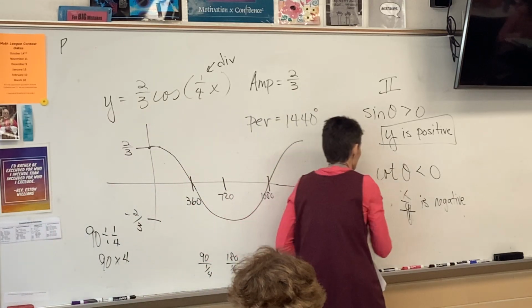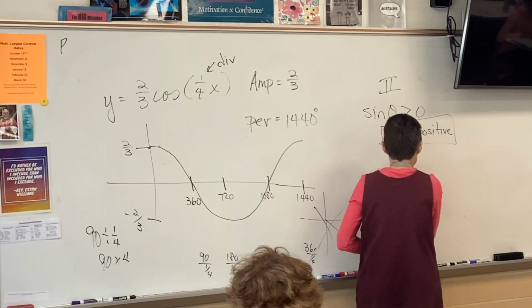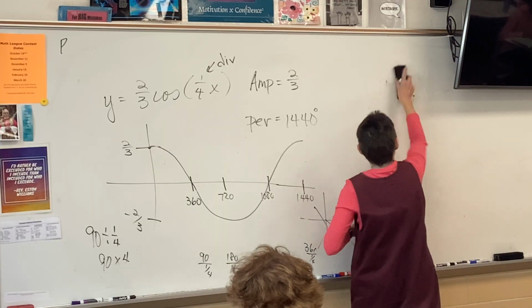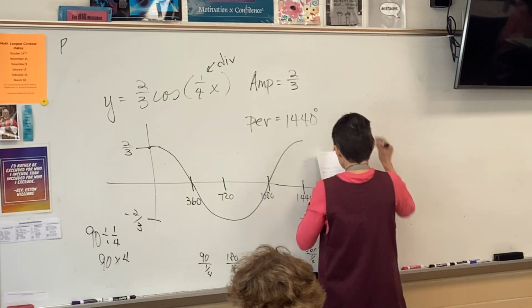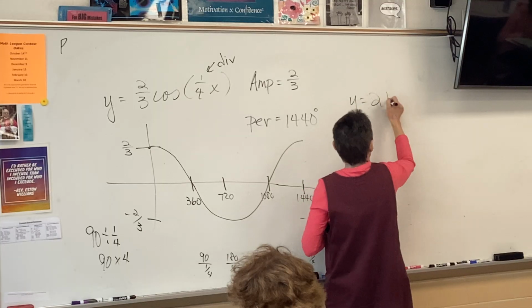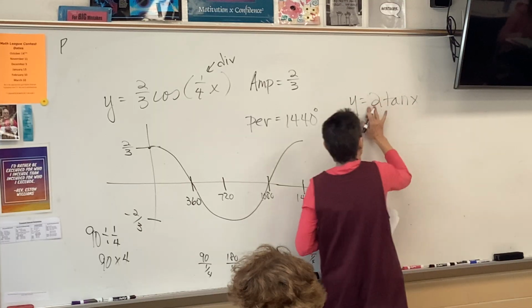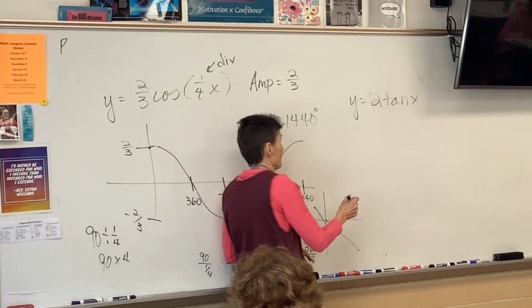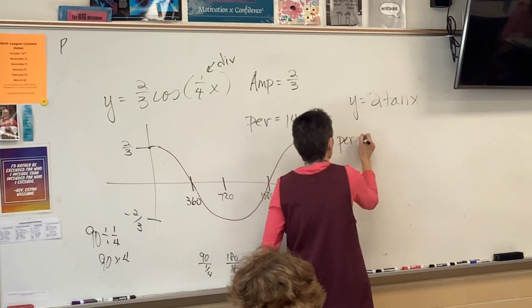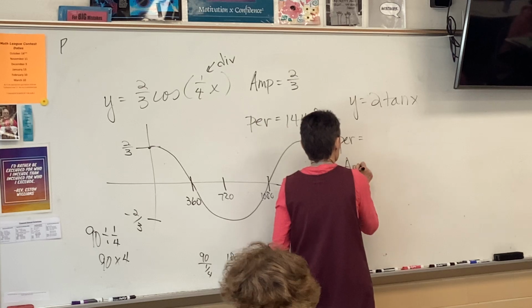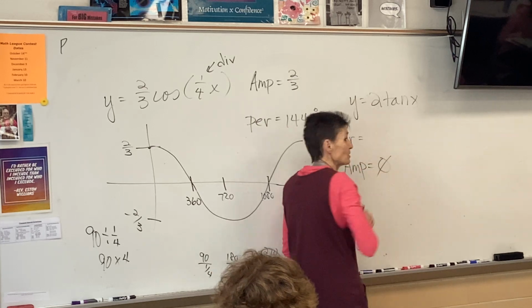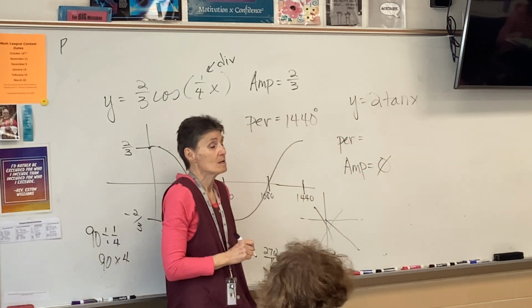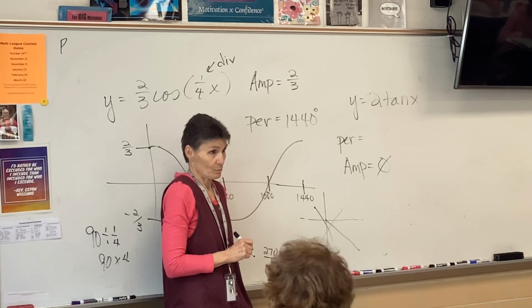One more, that's all we're gonna have time for. This is an easy one. What about that 2? What do I do with that 2? Actually, I do nothing with that 2, because the tangent has no amplitude.